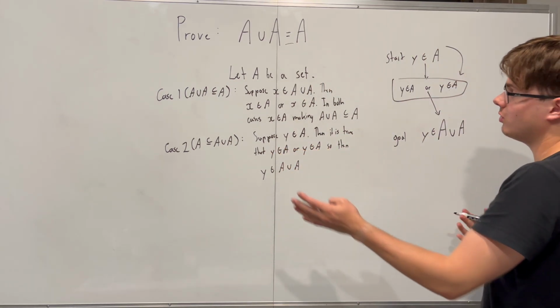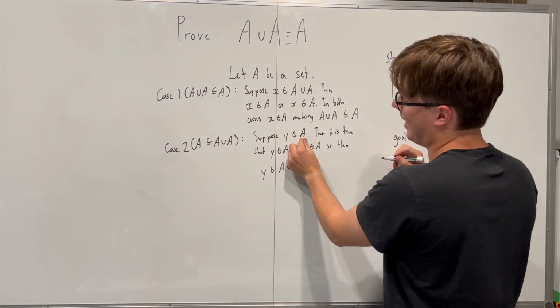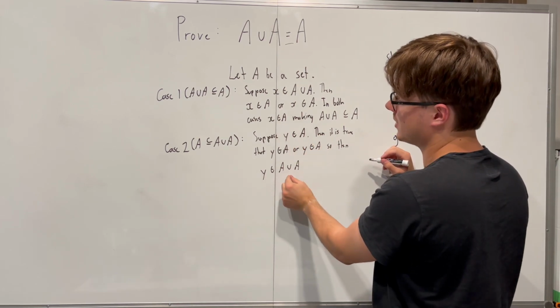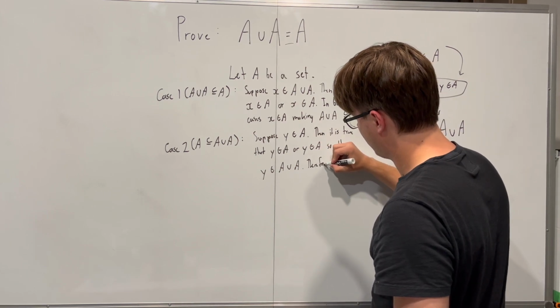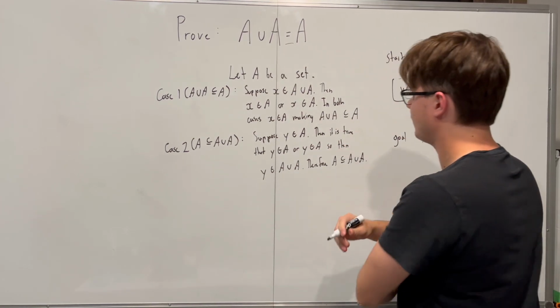So we've just shown what we needed, and now we just need to summarize that because every element in A is going to be an element of A union A, that makes A a subset of A union A. So we could say, therefore, A is a subset of A union A.